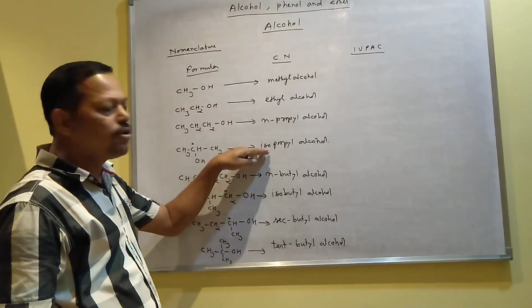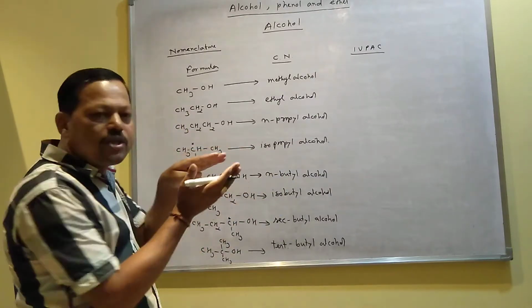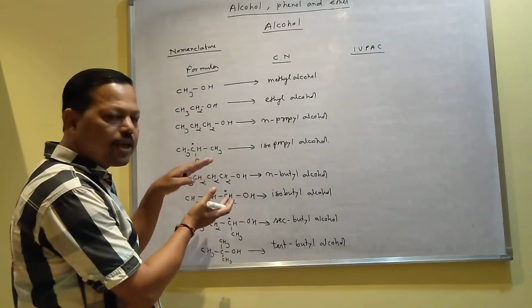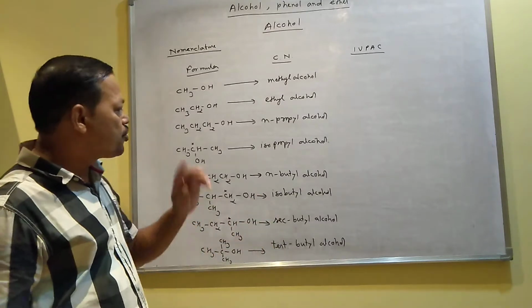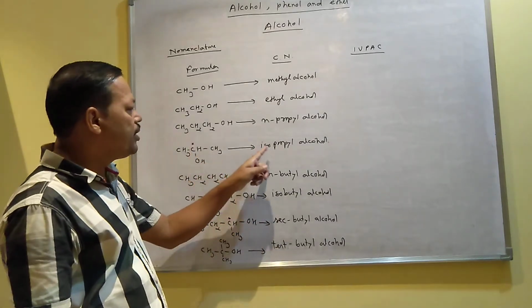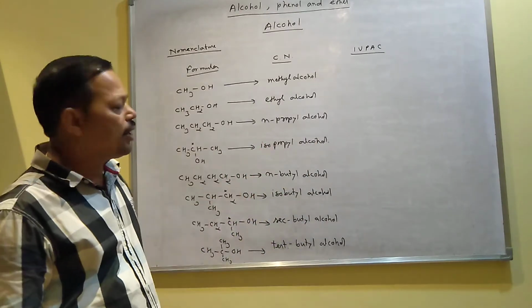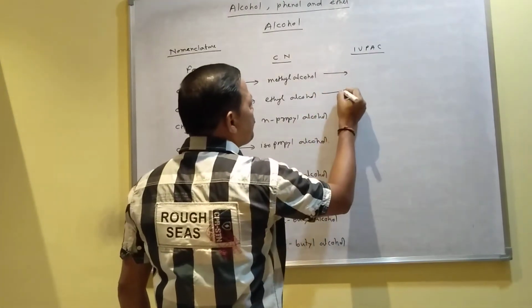You can write iso also, you can write secondary propyl alcohol also. So you cannot distinguish the iso and secondary in case of 3 carbon. If it contains more than 3 carbon, then you can distinguish who is iso, who is secondary. So that is why in case of propyl, this one you can write isopropyl alcohol also, you can write secondary propyl alcohol also. Now about the IUPAC name.